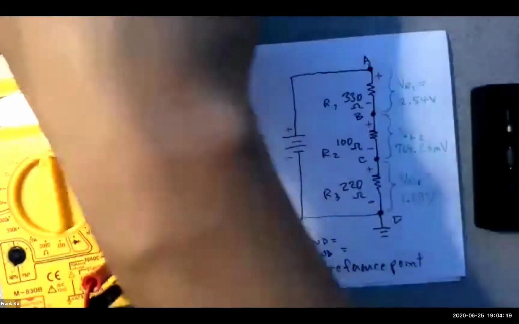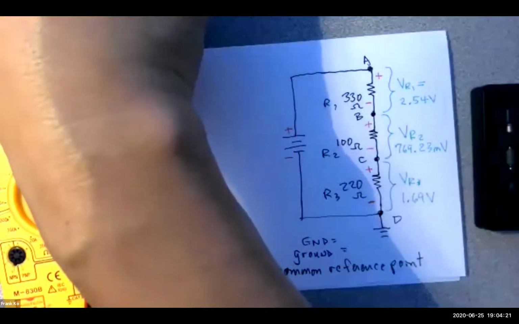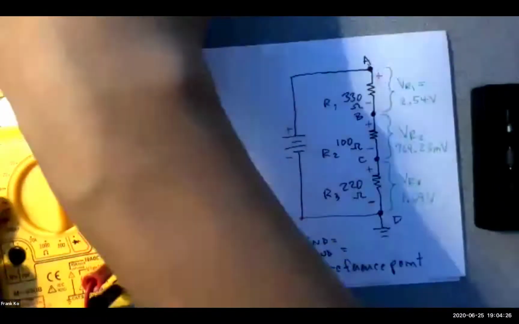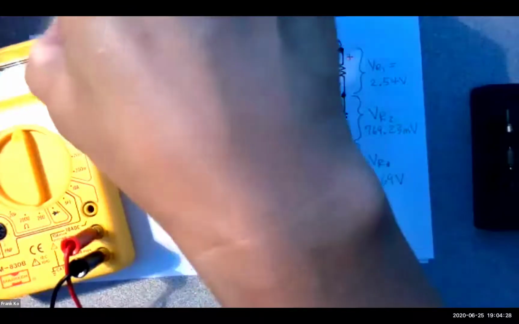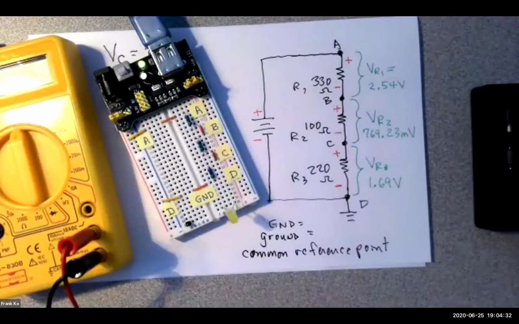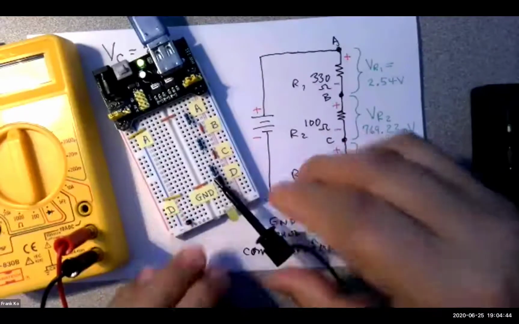Yeah. And so what I'm going to do is I'm going to hook up this puppy. I'm going to power this guy up and bring this guy out into the view. I'm going to hook up the black probe to the bottom of the circuit, which is point D, which is my ground.